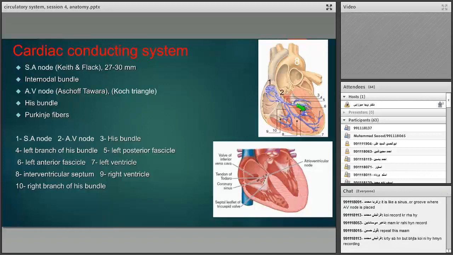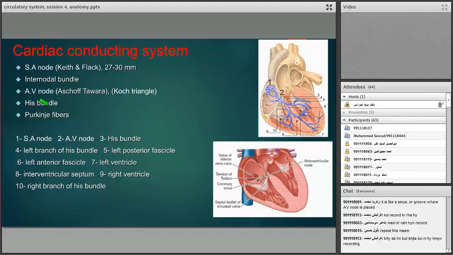So, the different parts of the cardiac conducting system are the SA node and the AV node. The bundles placed between these 2 nodes are called internodal bundles, and there are 3 bundles.